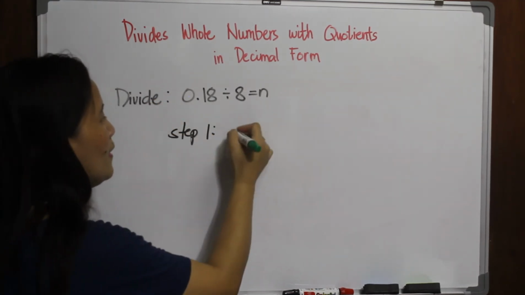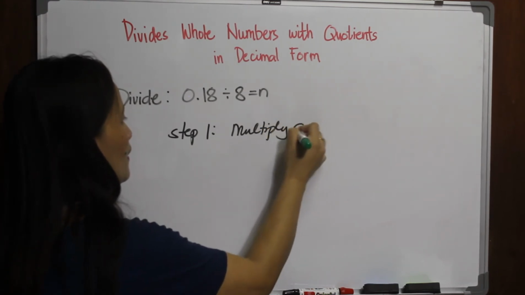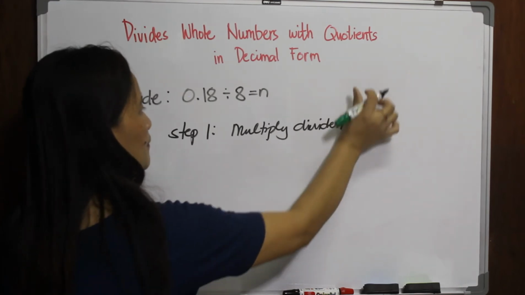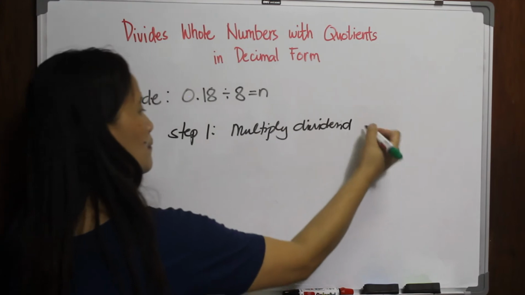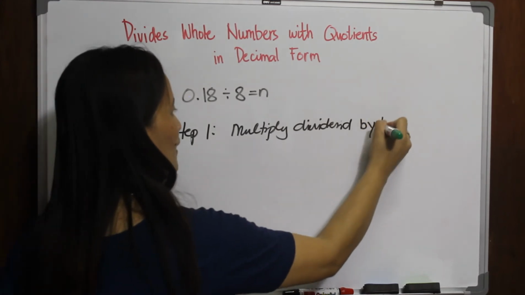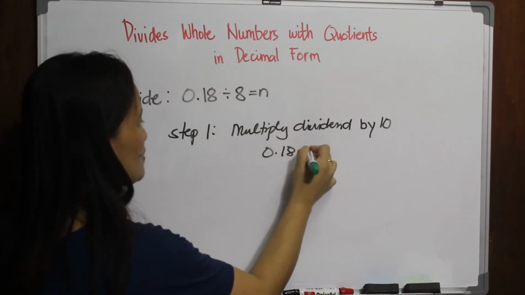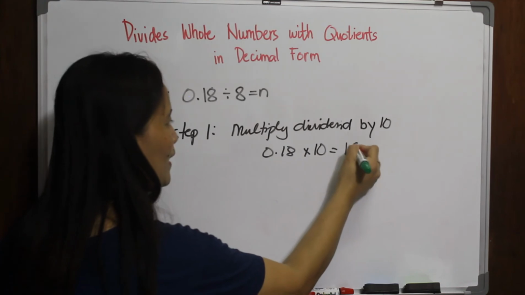Step 1, multiply your dividend by 10. So, that is 1800 times 10, that is 1 and 8 tenths.